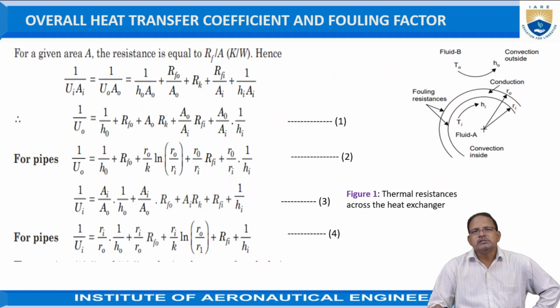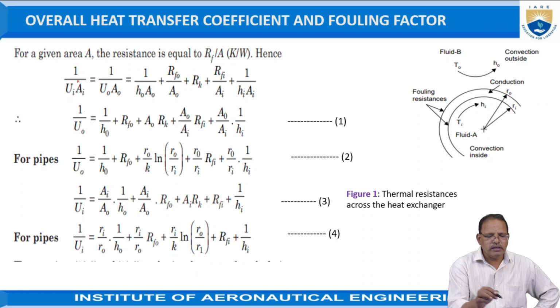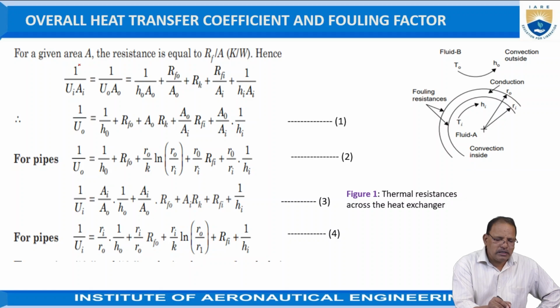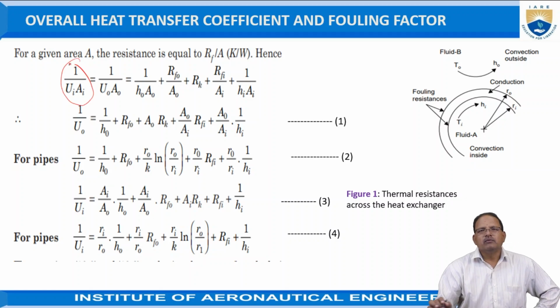So the total resistance can be calculated by using the relations now. 1 by U I A I, U I is nothing but the overall coefficient. This 1 by U I A I is the overall thermal resistance, which is equal to 1 by U naught A naught.